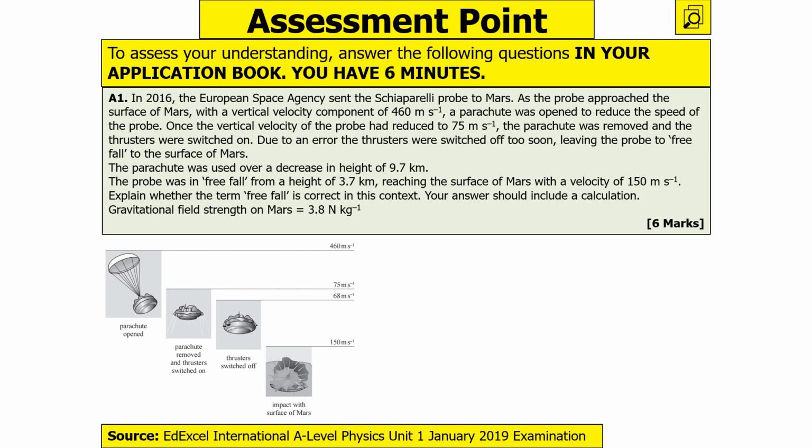The parachute was used to decrease the speed to a height of 9.7 kilometres. The probe was in freefall from a height of 3.7 kilometres, reaching the surface of Mars with a velocity of 150 metres per second. Explain whether the term freefall is correct in this context. Your answer should include a calculation. The gravitational field strength on Mars is 3.8 newtons per kilogram. So, pause the video now, then unpause the video when you want to go through your answer.